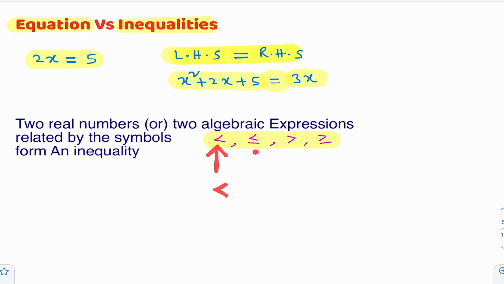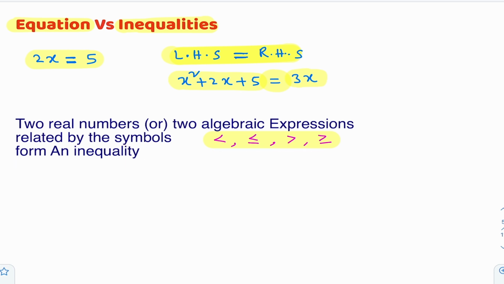This symbol we call less than or equal to. See here, the equal line is there. This symbol is greater than. The next symbol is greater than or equal to. Two real numbers or two algebraic expressions related with these symbols form an inequality.